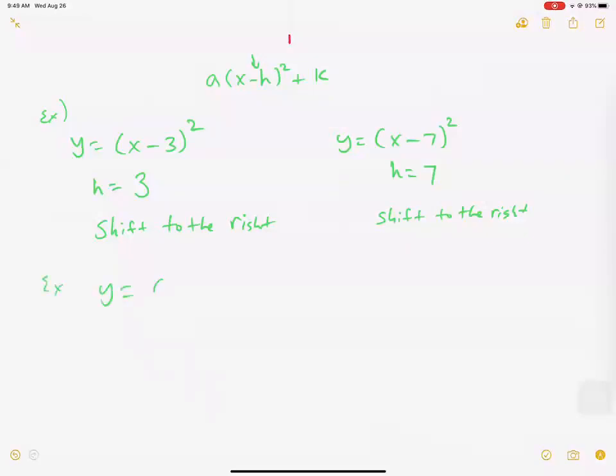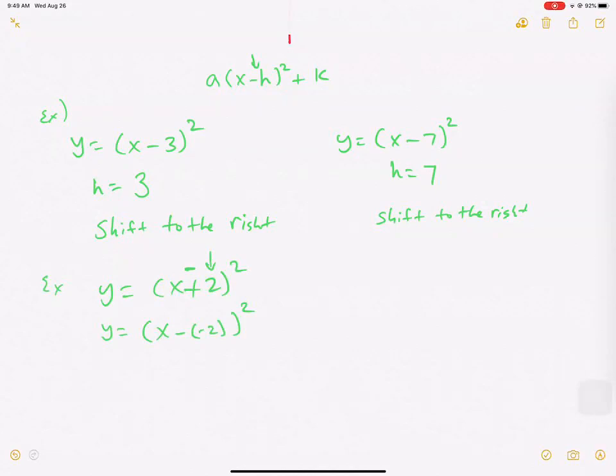y is equal to (x plus 2) squared. So what is h here? Since we said we have to have a negative, I'm going to rewrite this to help myself. Doesn't a negative times a negative become a positive? So make sure you take a look here.